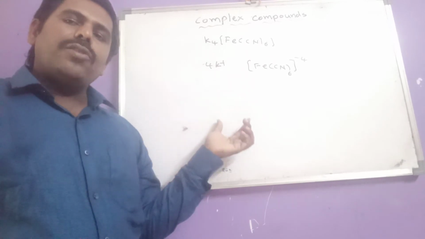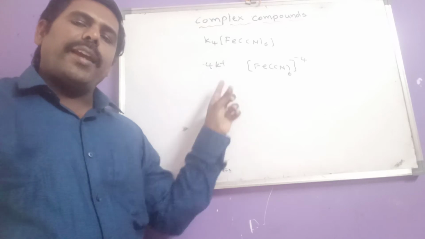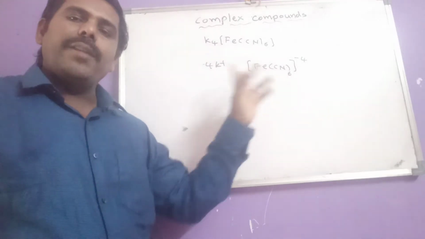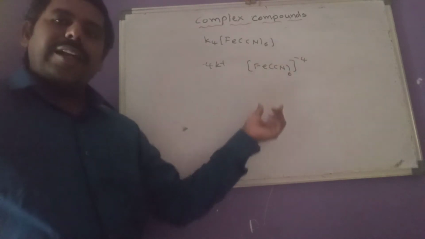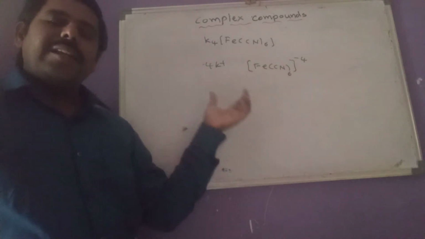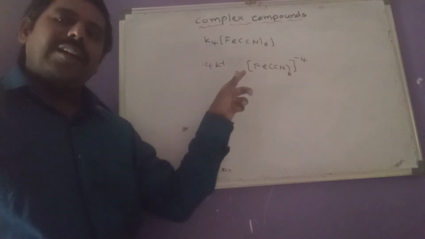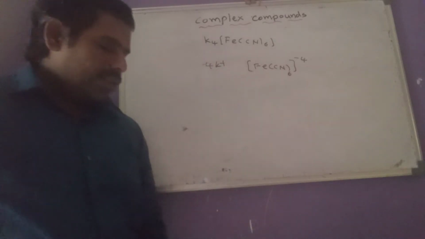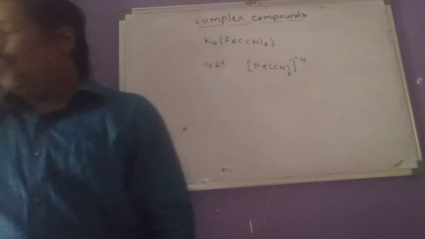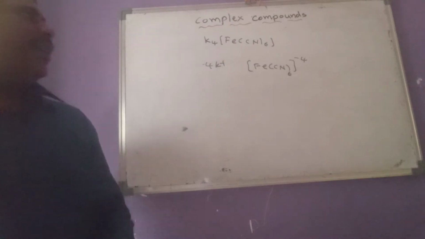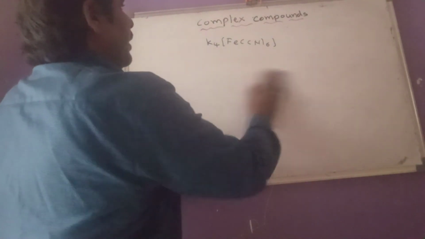But its aqueous solution does not give positive test for Fe2+ and CN- ions, because they are not dissociated here. So that means this is not giving positive test for all the ions present in it. So now this is an example of a complex compound.